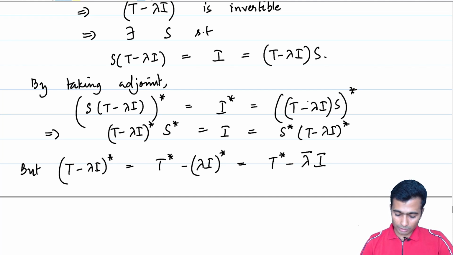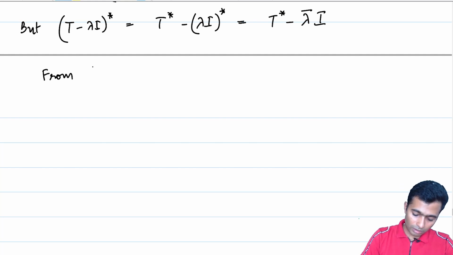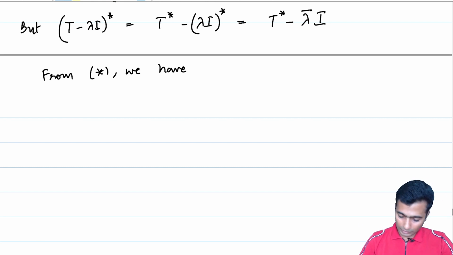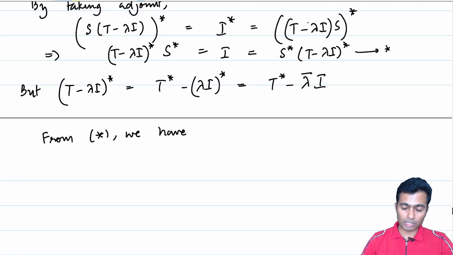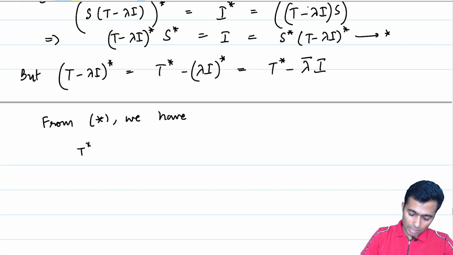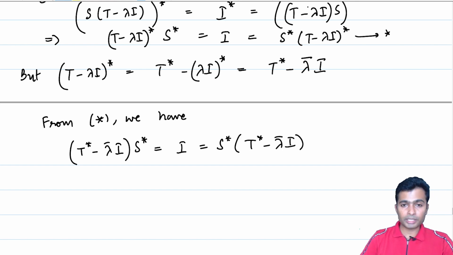So what have we concluded? From star we can conclude, let's go back to see what star is. Star says that T minus lambda I the whole star times S, which is T star minus lambda bar I times S star, is the identity, which is equal to S star times T star minus lambda bar I. This means that T star minus lambda bar I is invertible.